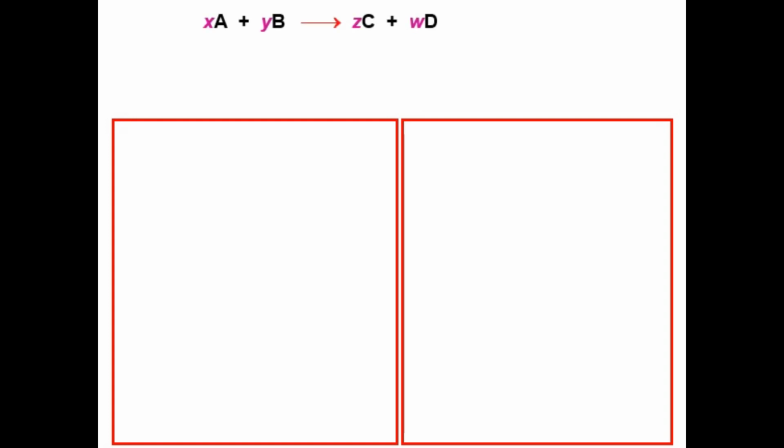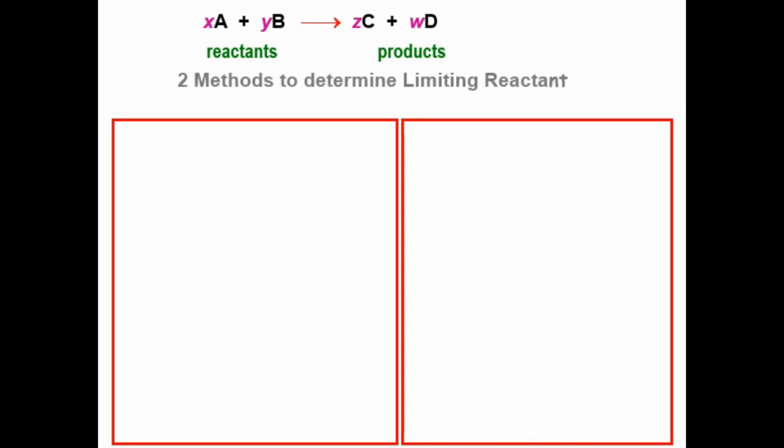Okay, so how do we solve questions involving limiting reactant? There are 2 methods to solve it. First of all, we write a balanced chemical equation, having reactants on the left and products on the right. Both reactants and products have their own stoichiometric coefficient.